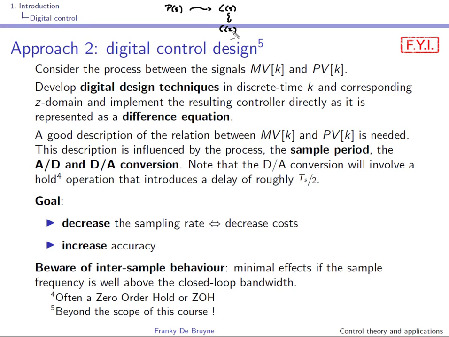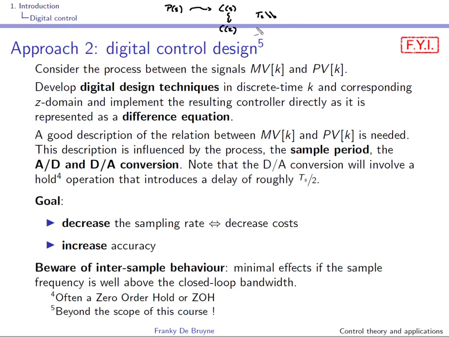We'll see later how to do this. And underlying here we have a difference equation that we can implement on a processor. This requires Ts to be rather small, and small with respect to the main time constants of the process.